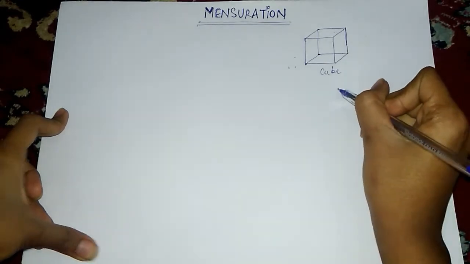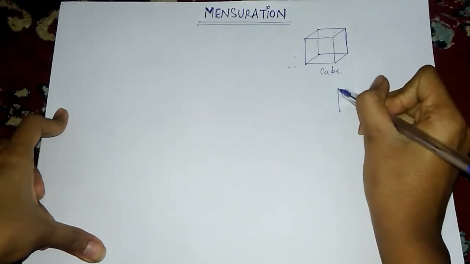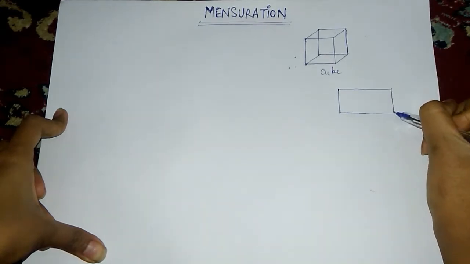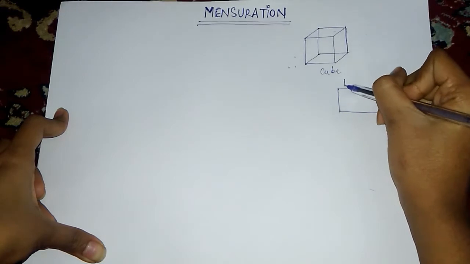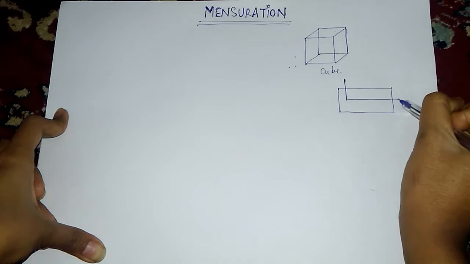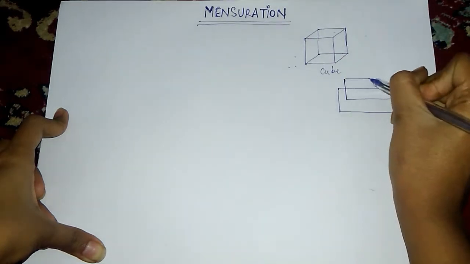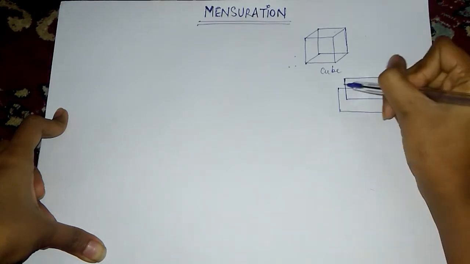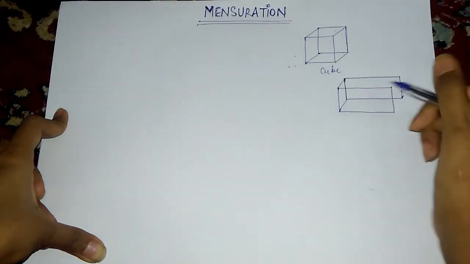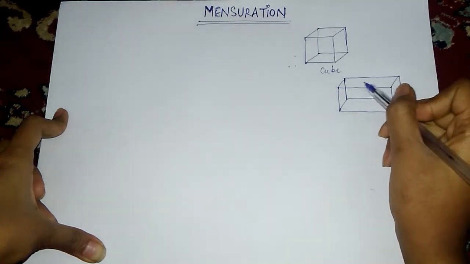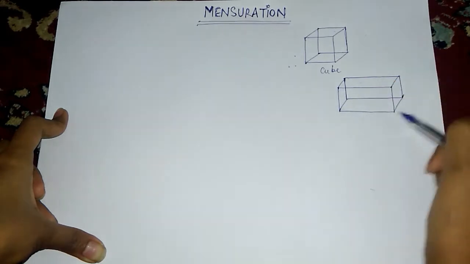Okay, similarly, a cuboid is also joined by a set of equal straight lines. Its top and its bottom are joined by equal straight lines.